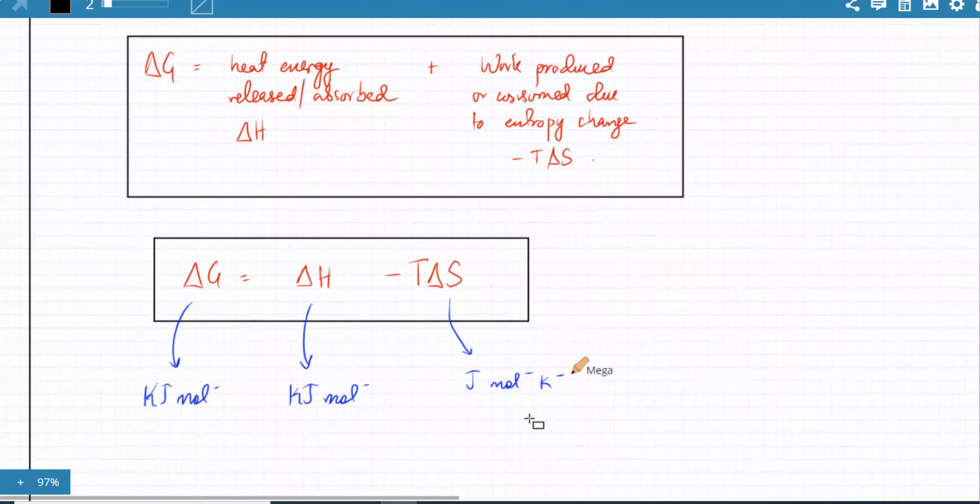So the temperature has to be in kelvins. Remember, the temperature always has to be in kelvins. And the Kelvin part would get cancelled out so the unit would pretty much be the same except for this joules part. So either convert everything to kilojoules or convert everything to joules. If you're trying to find delta G or delta H, you convert everything to kilojoules. If you're trying to find entropy change using this formula, then convert everything to joules.